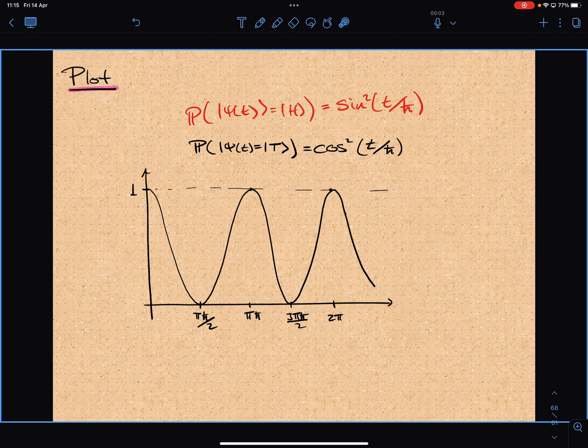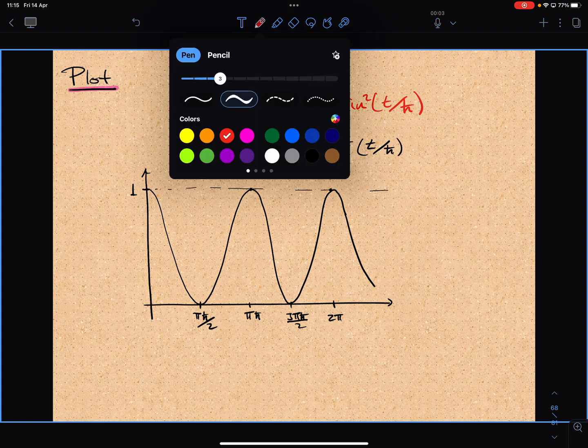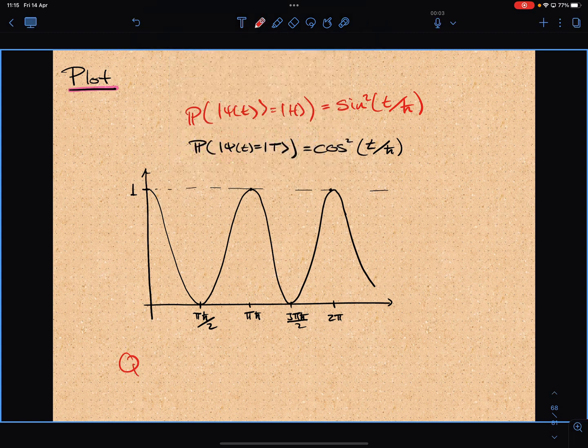So the question is, what happens when h bar goes to 0? Intuitively, or from a physics point of view, we should have that when h bar goes to 0, things become classical.